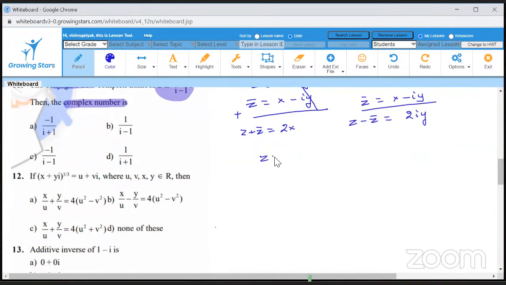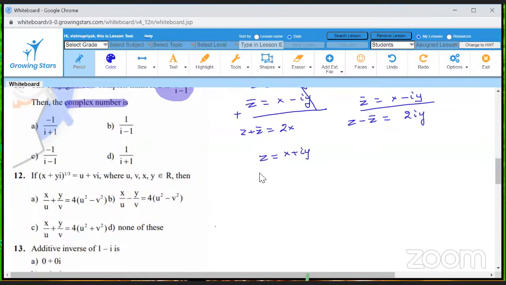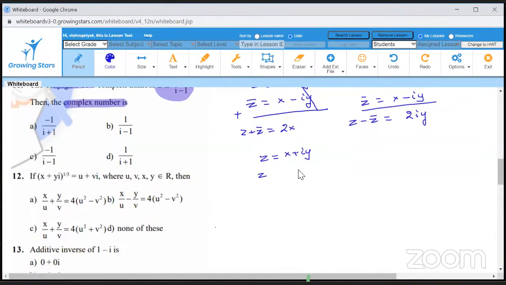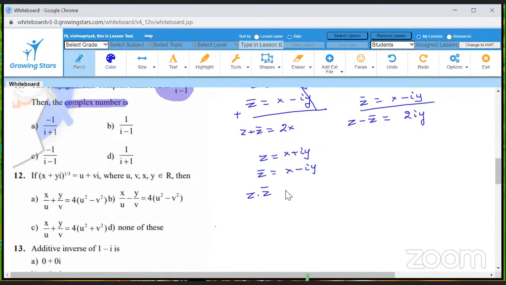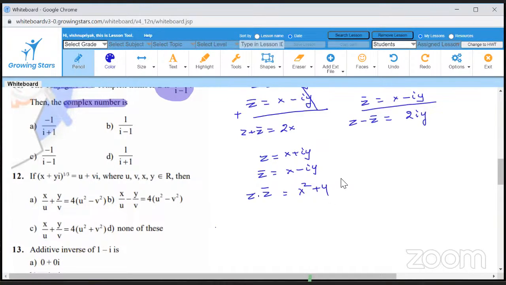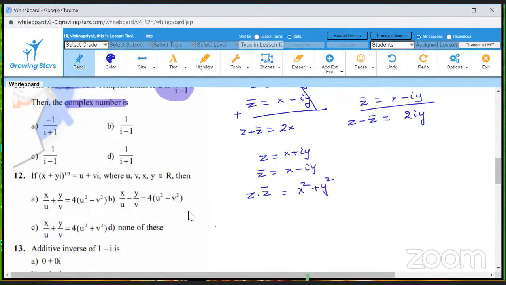When you multiply z into z bar, you will get x square plus y square. These are the shortcut formulas which I gave you yesterday. You have to take one of them.